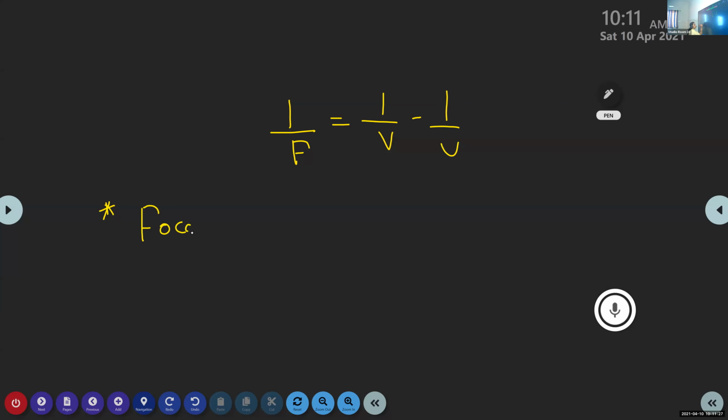Focal length of a concave lens. Can you guess, is it negative or positive? Yes, very good. Negative. The focal length of a concave lens is negative.